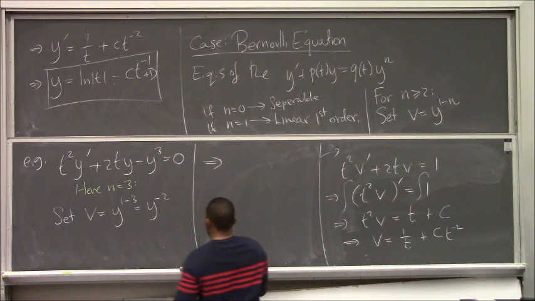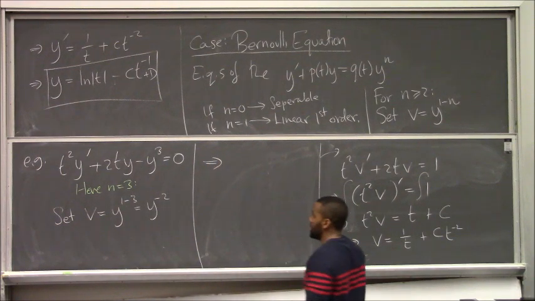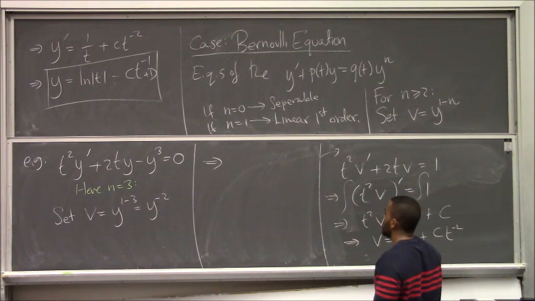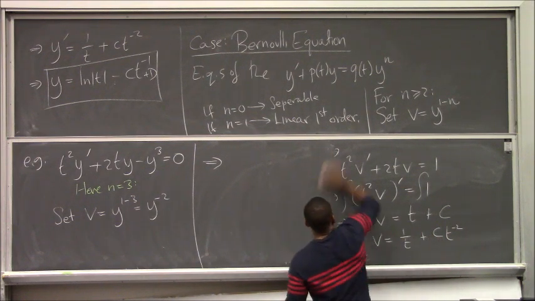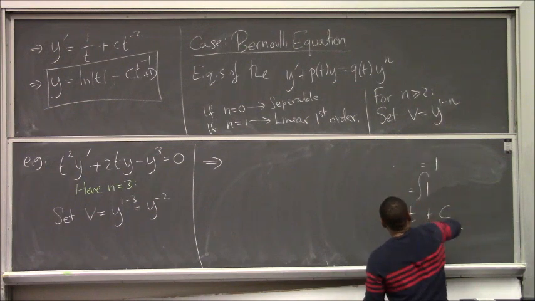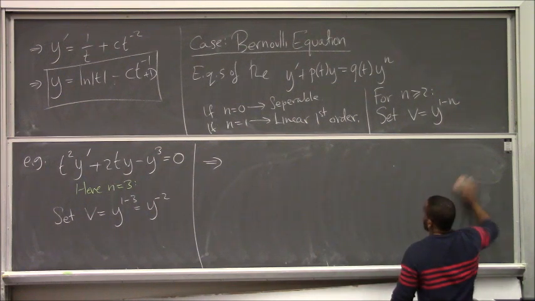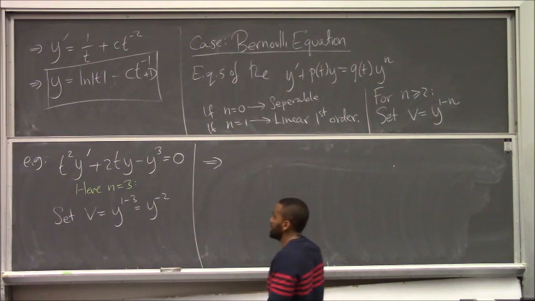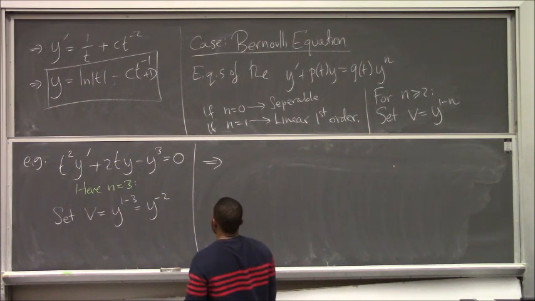Then basically now I'm going to use that substitution. I want to plug that substitution into the equation. Should we find y prime? We should find y prime. What would y prime look like? Negative y to the negative 1 times dy.